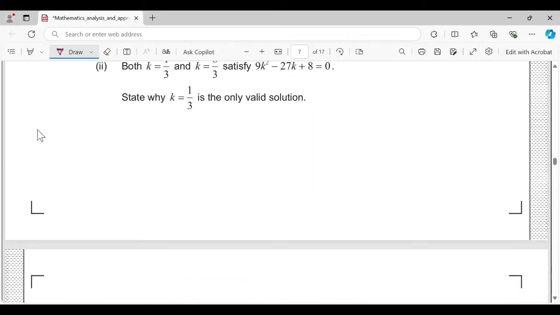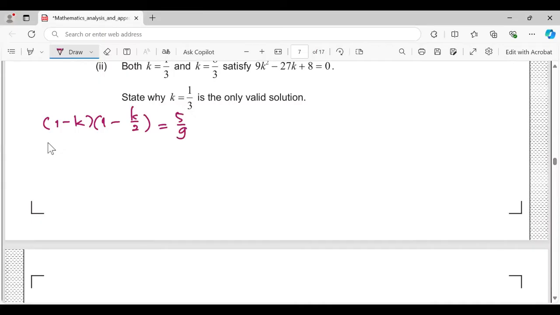So that's why 1 minus k times 1 minus k half equals 5 over 9.